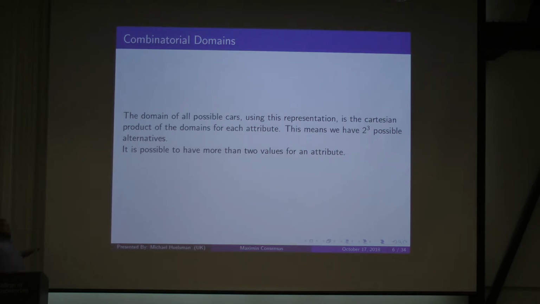That would be 2 to the 18th if they're all binary, and it balloons as such. But we only need 3 things to actually represent any one of the 8 different alternatives. And of course, it's also possible to have more than just yes or no on a particular attribute, right? We could specify, is it a 2, 4, or is it a minivan for doors, right?